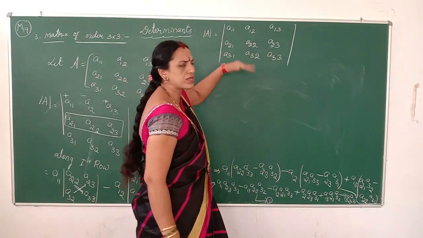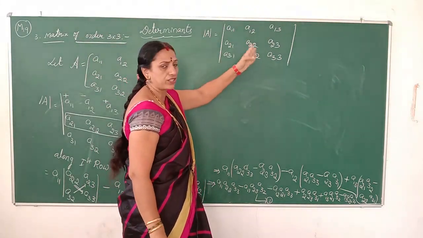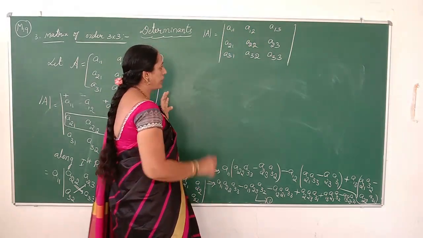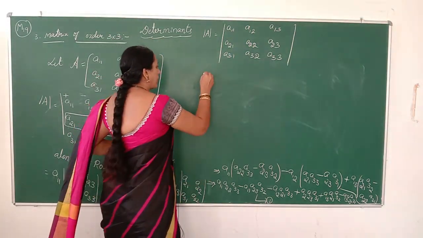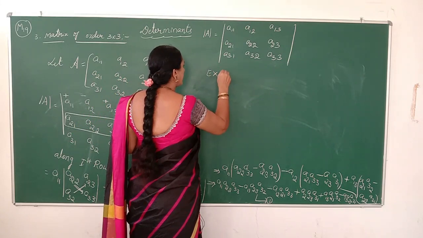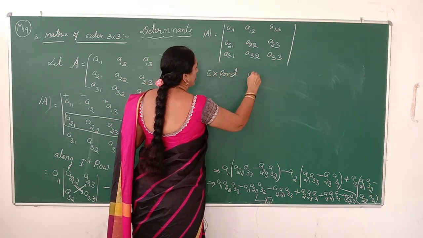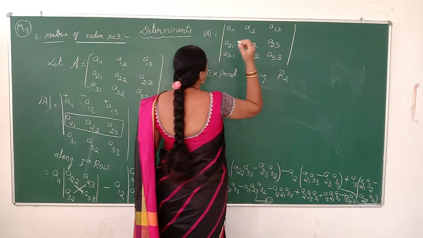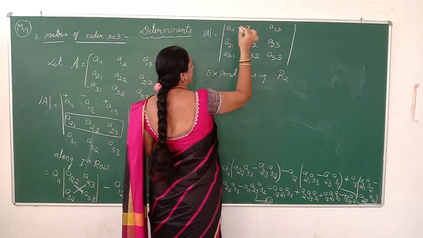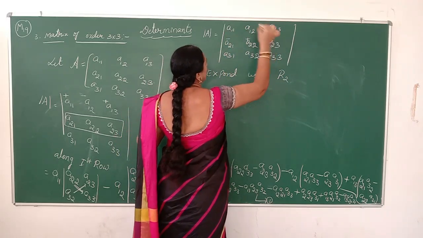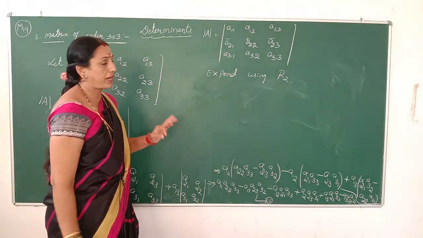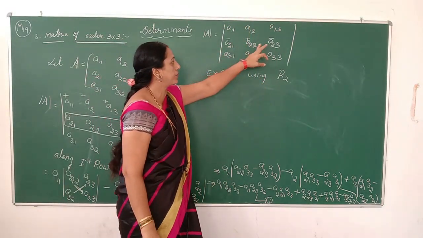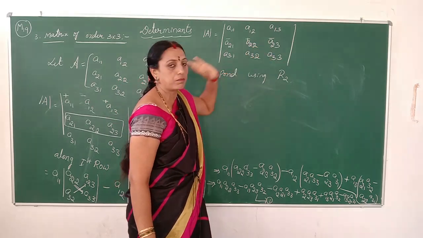Instead, any other column, either the second column or the third column, can be used in the expansion. Now expand by using the second row, R2. So the signs of R2 are nothing but minus, plus, minus.